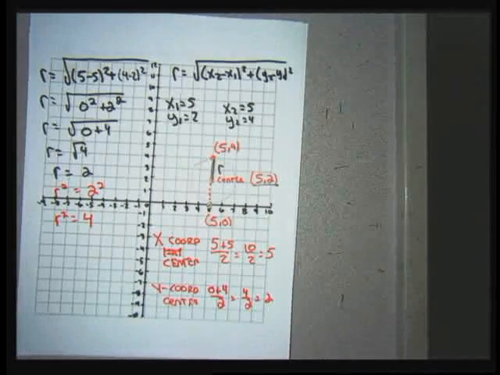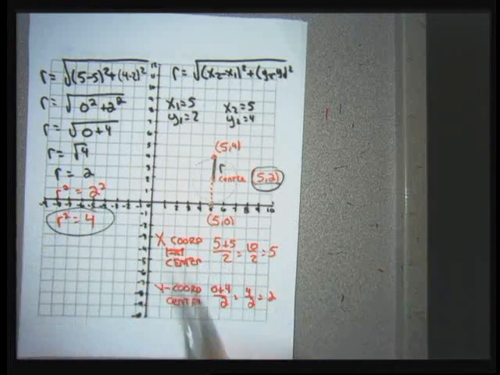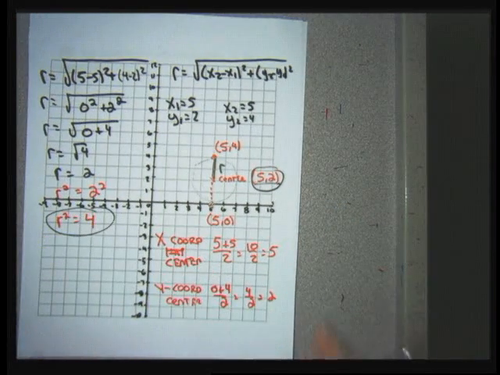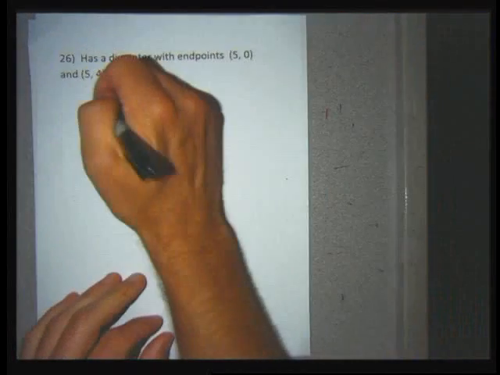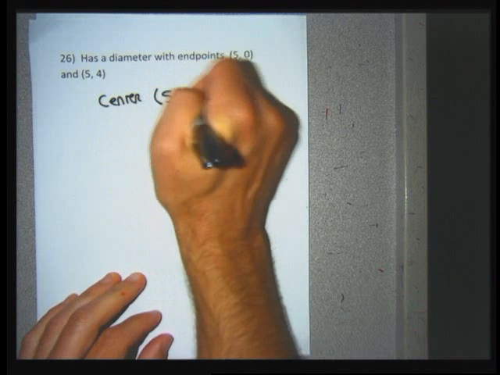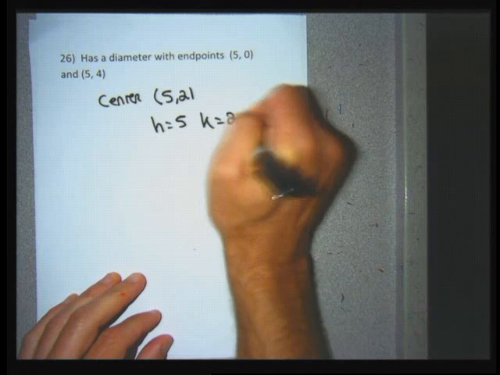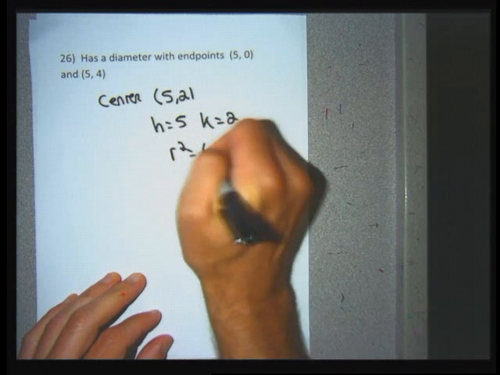So when I go to write the equation, I know that the center is 5,2. That's my h, k. And to the right of the equal sign, I need an r squared, which is 4. So I'm going to take those 3 bits of information. The h in the formula is 5. The k in the formula is 2. And the r squared is 4.